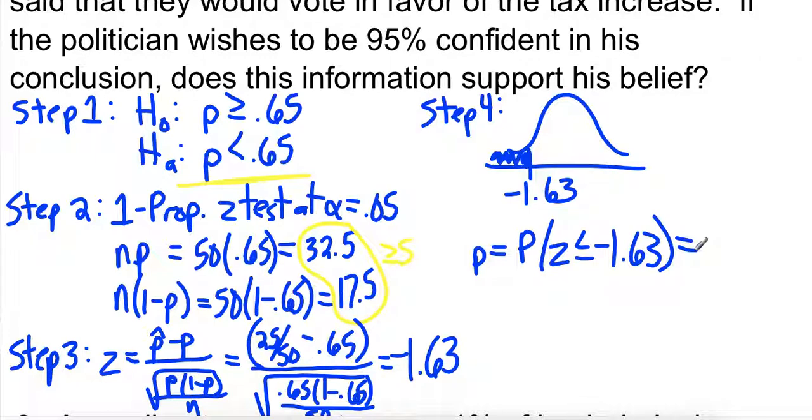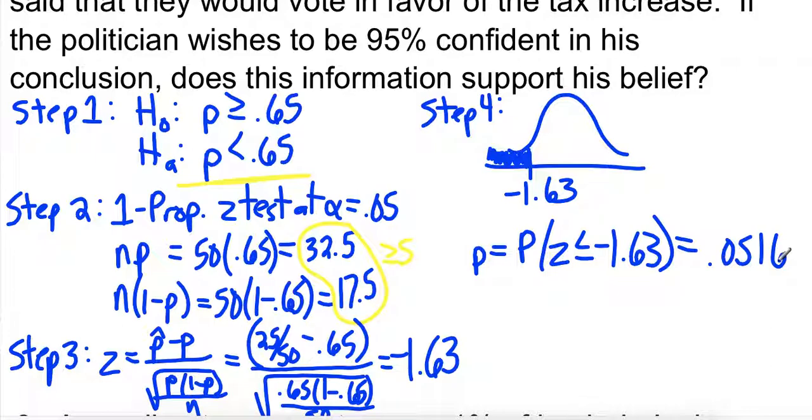This is the normal CDF, and you'd be going from negative infinity to negative 1.63, mu is 0, standard deviation is 1. Either way you do that, we end up with a p-value of 0.0516. And you could get a slightly different number depending on if you use the table or your calculator, so you're aware, but it should be within a hundredth or a thousandth.